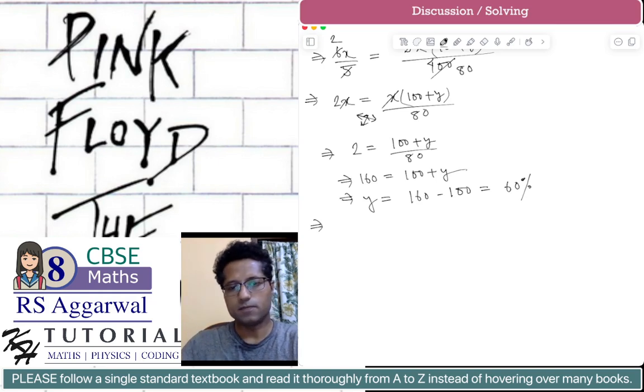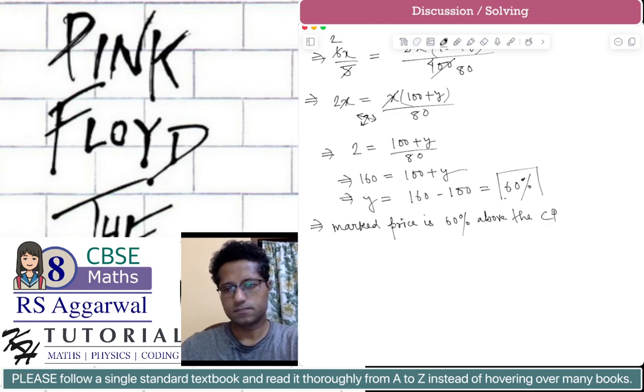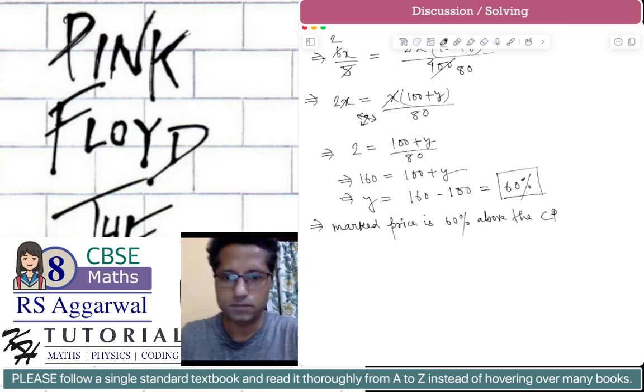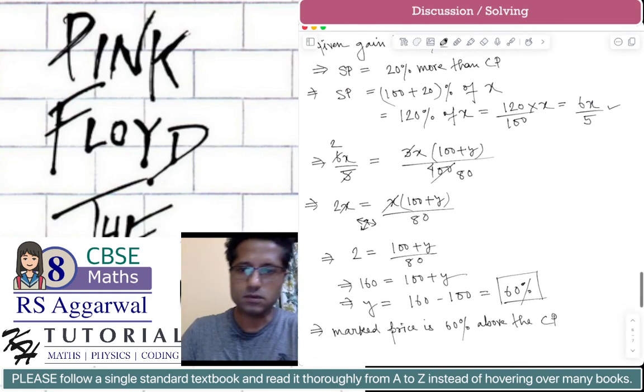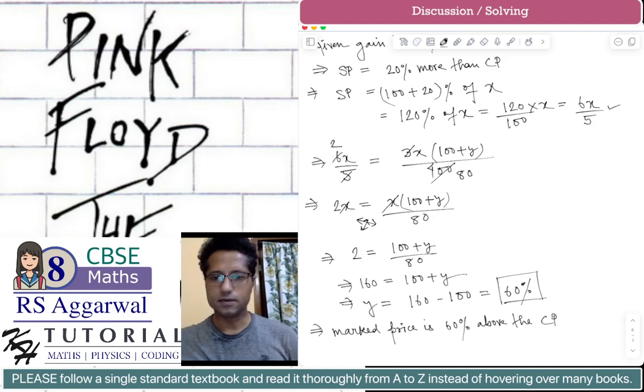So the mark price is 60% above the cost price. Let me quickly check if I did it correctly or not.